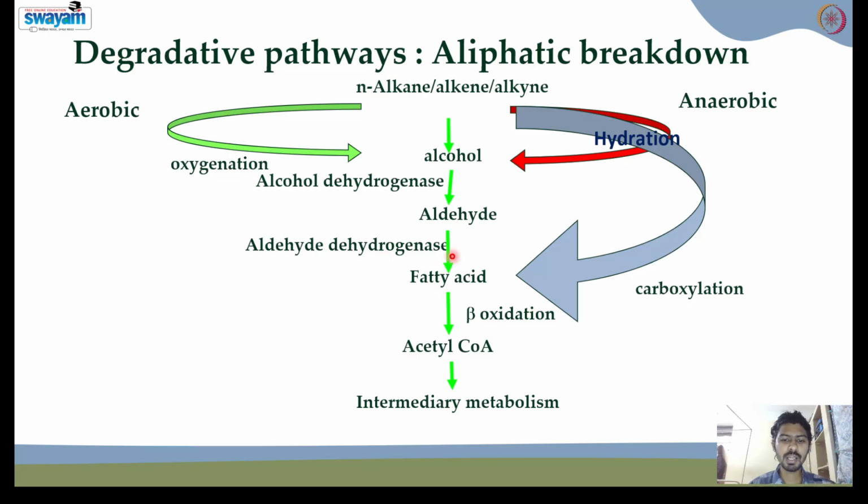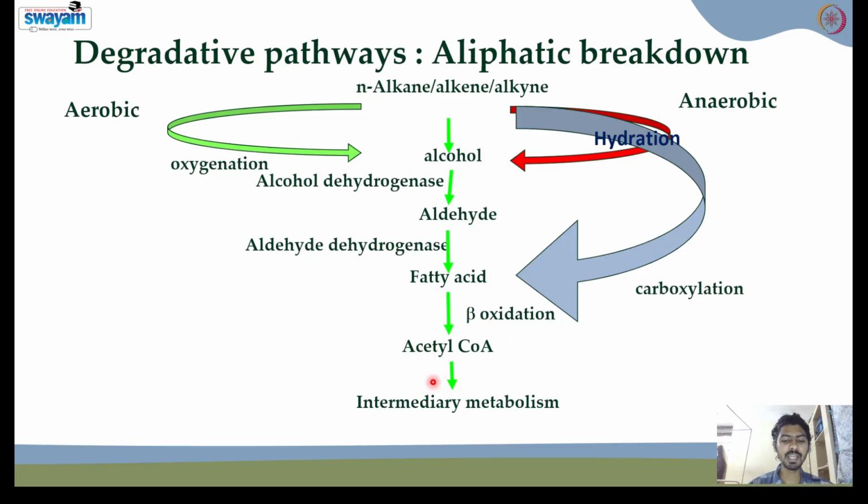So eventually the fatty acid will be formed and this fatty acid will be converted into acetyl CoA through beta oxidation, that is, cleaving the chain of fatty acid at the beta position. And this acetyl CoA, what happens?